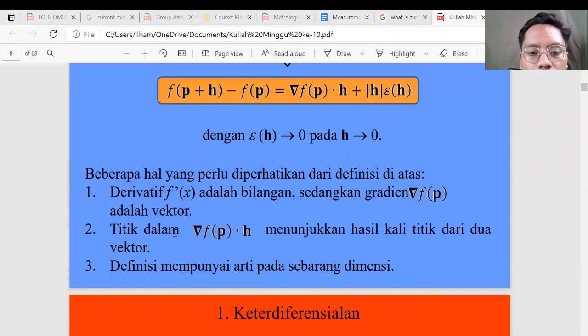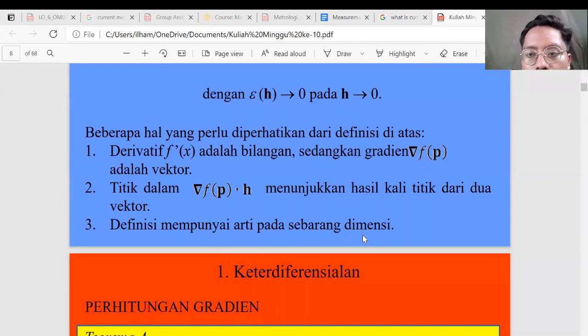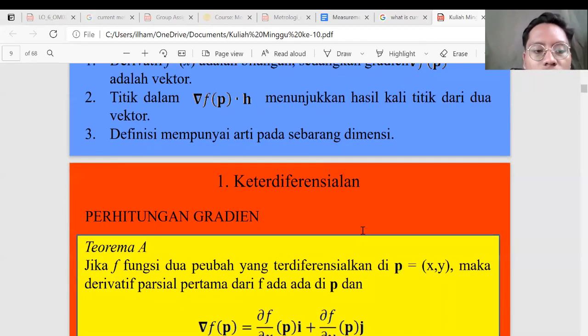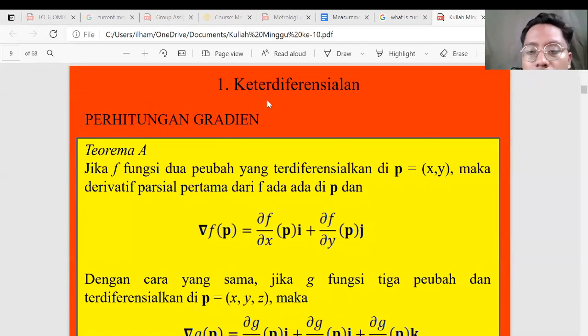The second one is that ∇f(p) dot h shows that the final result of the equation is from the dot product of two vectors. And number 3 is the definition in higher dimensions.